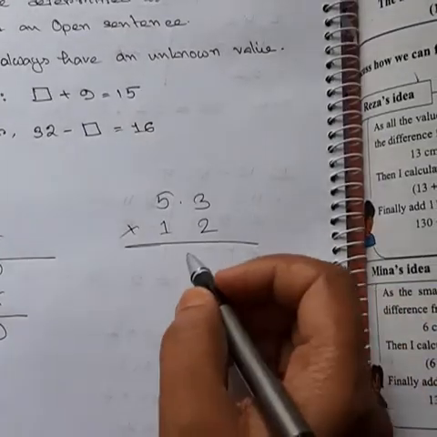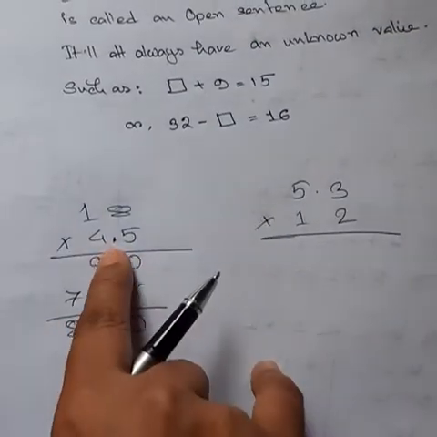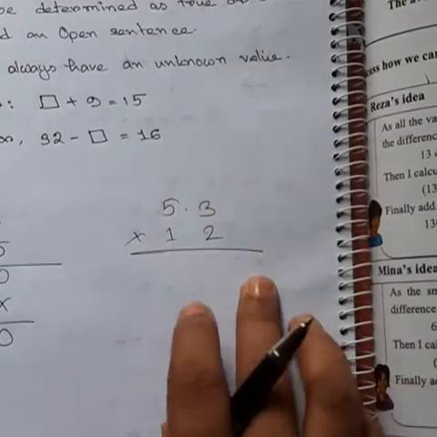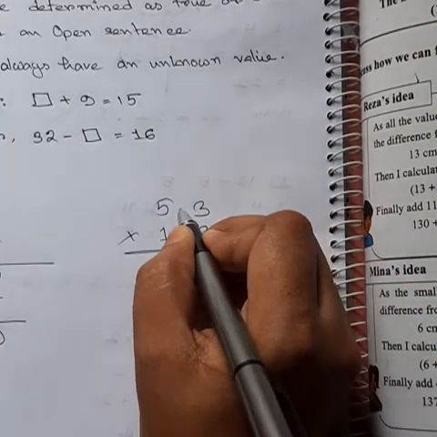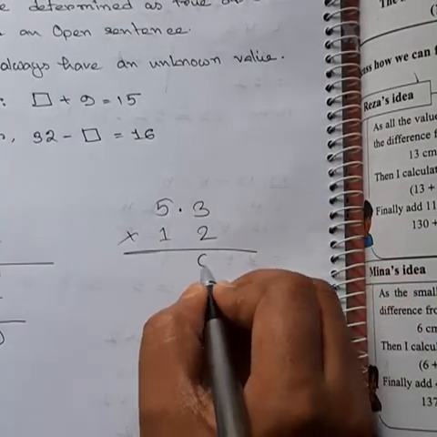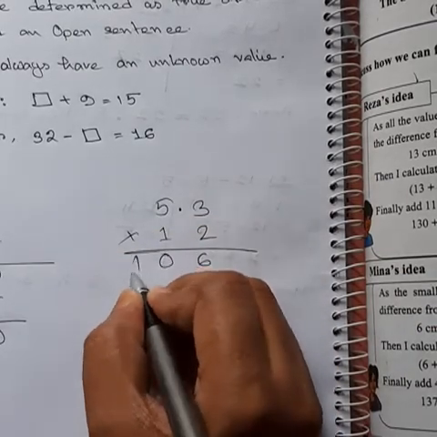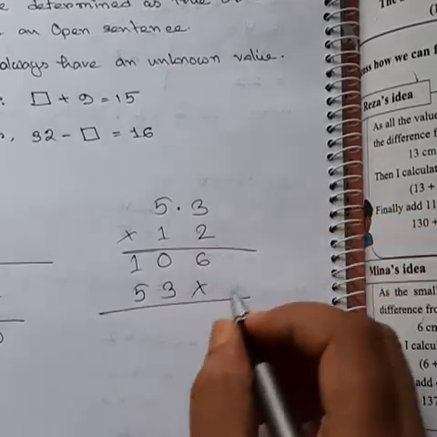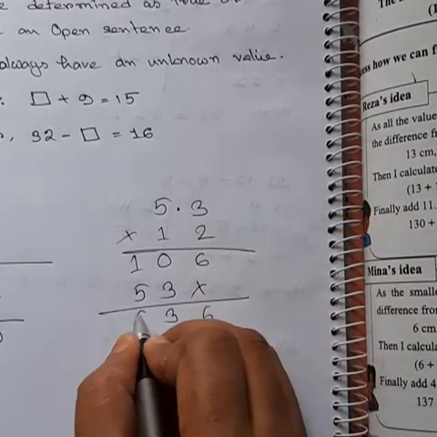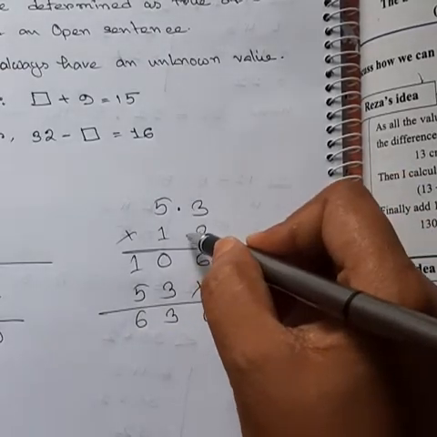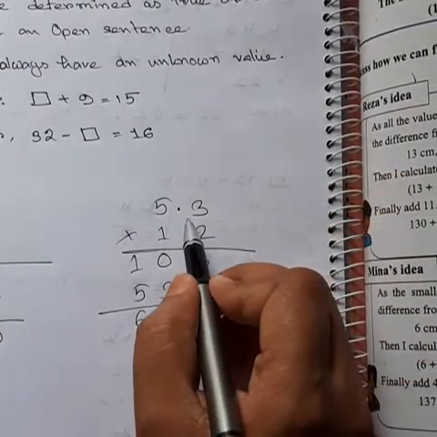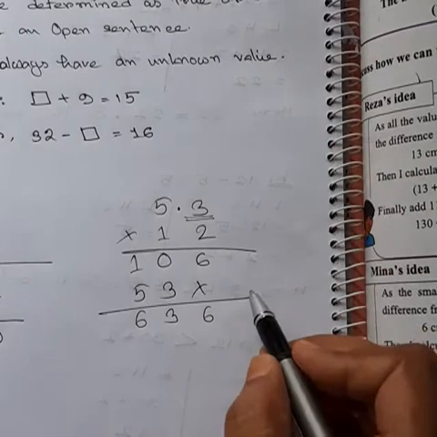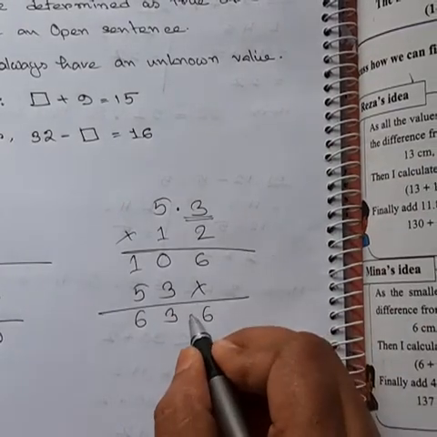Let's do this one. As I was doing the decimal part, I kept that decimal part under. Now I'm going to do it on the top part over here. Follow the number line. Here we have a decimal with only one digit after it, so from the right side we count only one digit and put down the decimal.